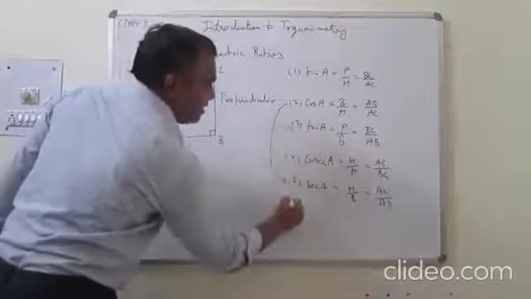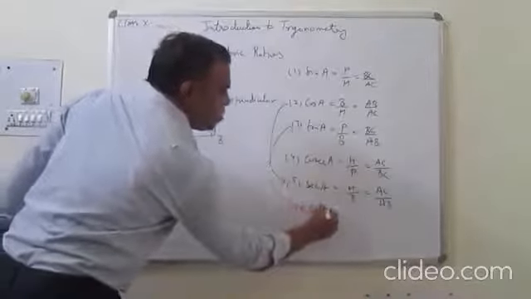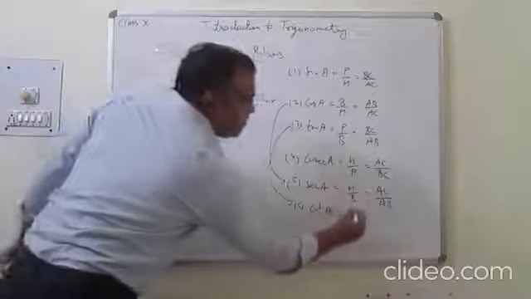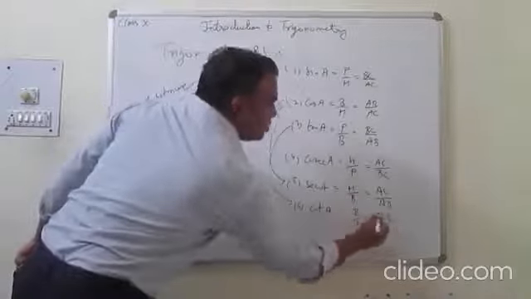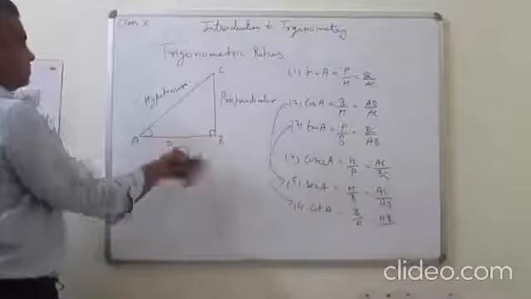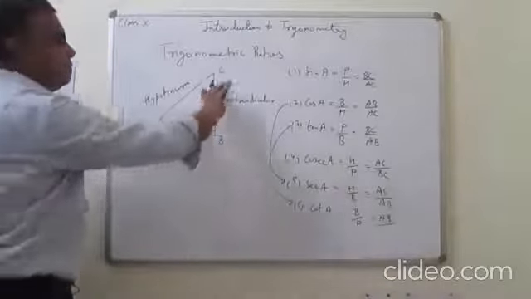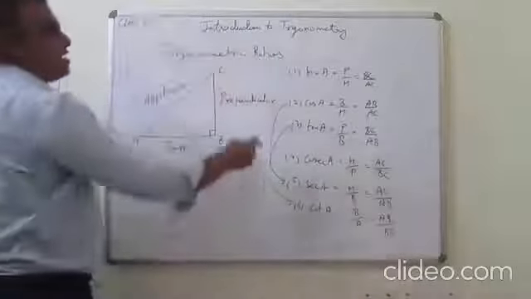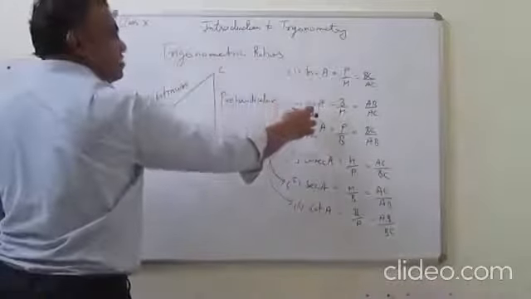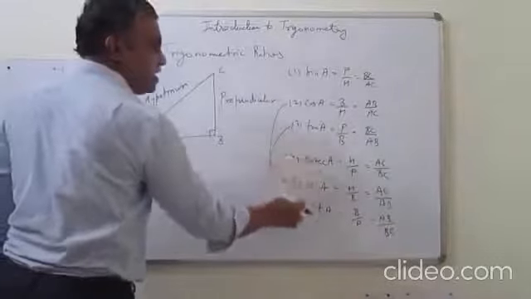And cot A, the reciprocal of tan, is B upon P, AB upon BC. So these are the trigonometric ratios: sin A, cos A, tan A, cosec A, sec A, cot A.